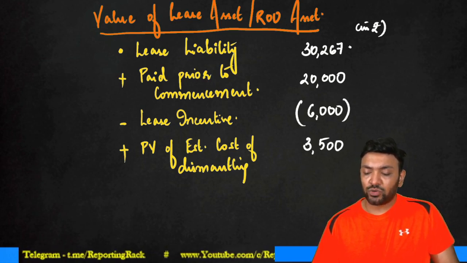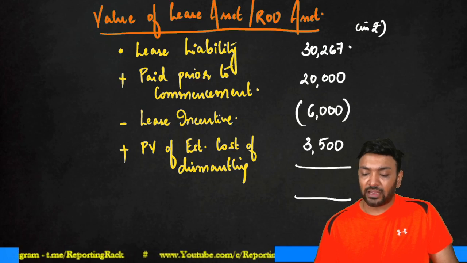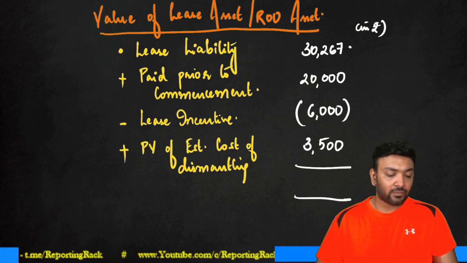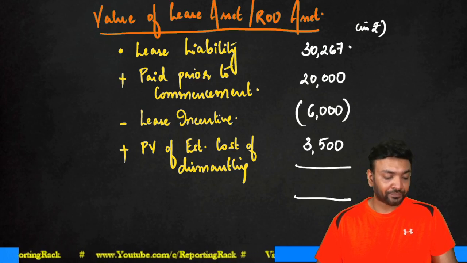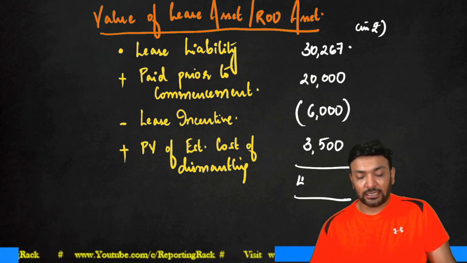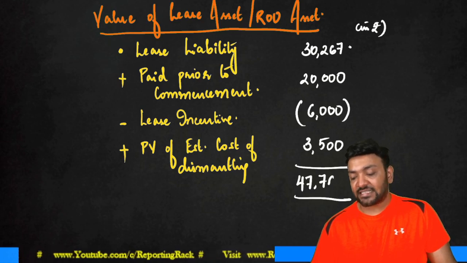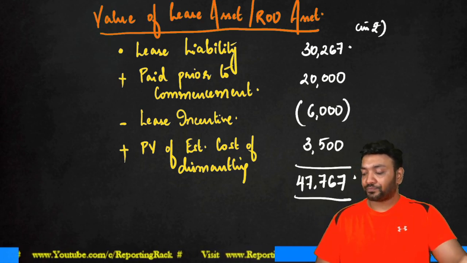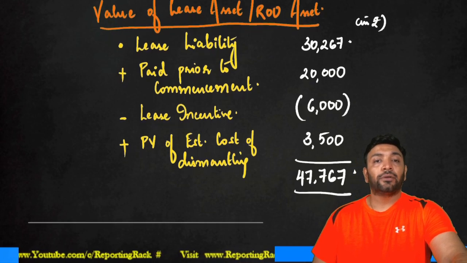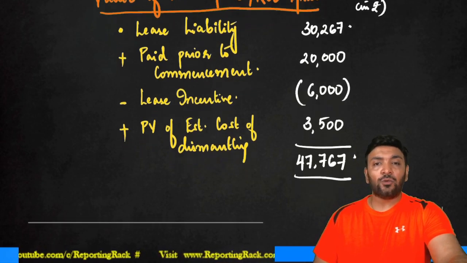So this should be reduced, rest all added, get me the final answer. 47,767. Correct? Record an entry now.